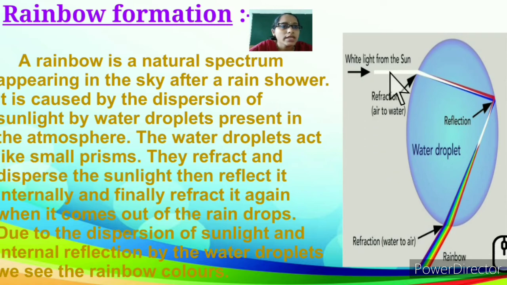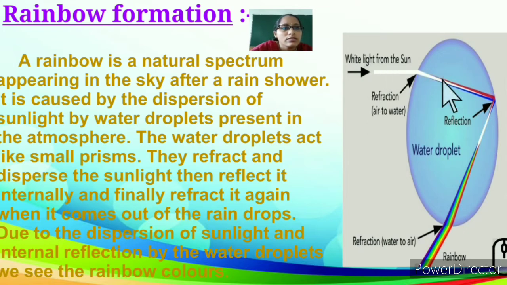So when white light enters from the sun, it passes and it gets reflected back, and it reflects from water to air and it forms the rainbow here. So what happens here is they refract and disperse the sunlight, then reflect it internally.